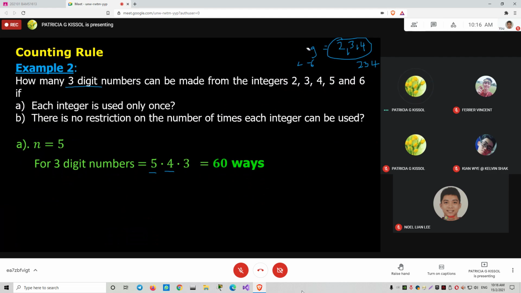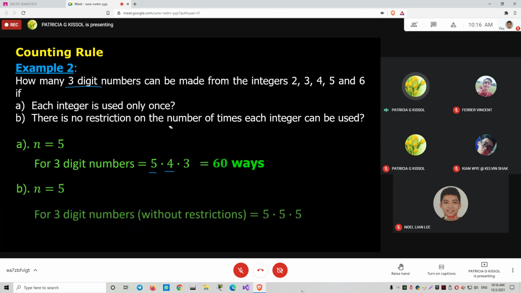Okay. Now the next condition given here states that we have no restrictions on the number of times each integer can be used. So if you have used the number 2, you can use the number 2 again. If you have used the number 3, you can use the number 3 again. For part B, our n is 5.